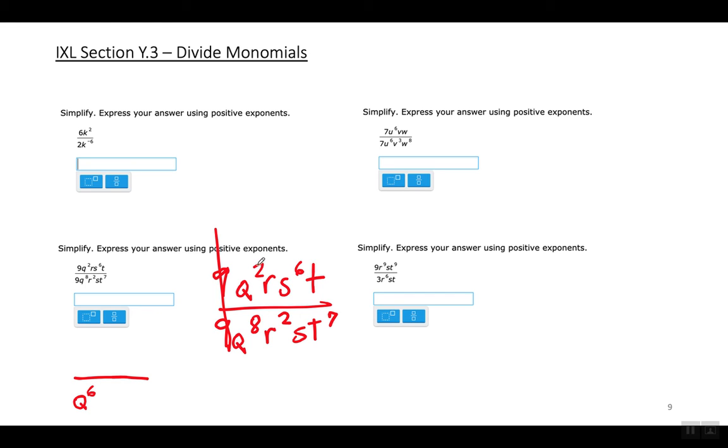All I'm doing is 8 minus 2 is 6, but since the bigger number is down here, the 6 will be on the bottom. Same thing with r squared and r to the 1st power. 2 minus 1 is 1, and since the bigger number is on the bottom, I'm leaving the 1 on the bottom. Now the s, the bigger exponent is on the top, so 6 minus 1 is 5, and it'll be on the top. And the t's, the bigger exponent is on the bottom, so 7 minus 1 is 6, but it's going to be on the bottom.